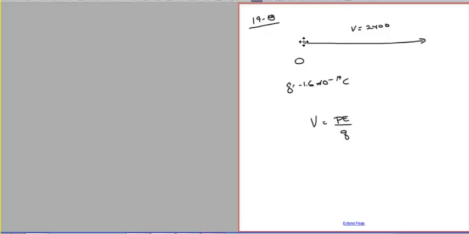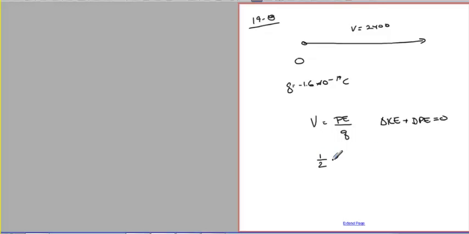So if we take an electron that's at rest and we accelerate it, we're going to have a change in energy. So we have conservation of energy, which says the change in potential energy plus the change in kinetic energy equals 0. The potential energy is associated with the voltage and the charge, and the kinetic energy is associated with the mass.